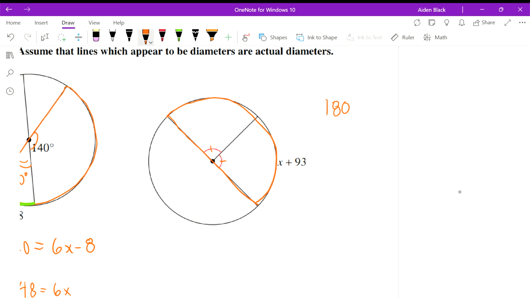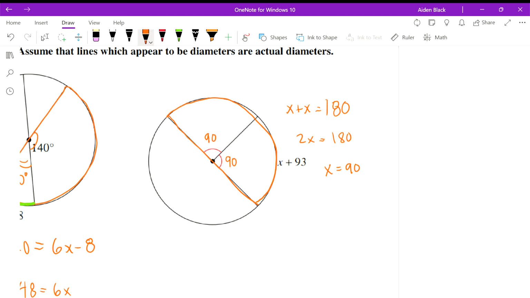You can say this, if this is x, I want to show you this algebraically, maybe that'll help. We know that x plus x equals 180. So 2x equals 180. Therefore, x equals 90. And some of you just did this in your head. You knew that this must be 90 and this must be 90.